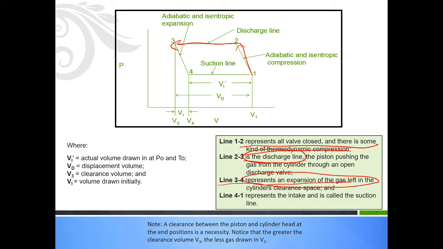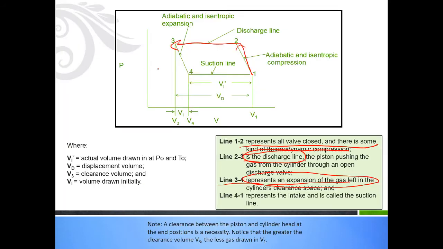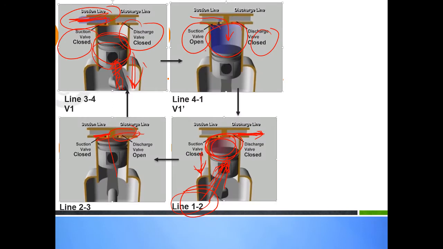Mag-e-expand yung gas na natira. Ito yun. 3 to 4. Okay? 3 to 4. Mali yung arrow. So, may konting expansion na mangyayari. Tapos, 4 to 1, yun na yung intake. Mag-i-intake na yung suction valve.